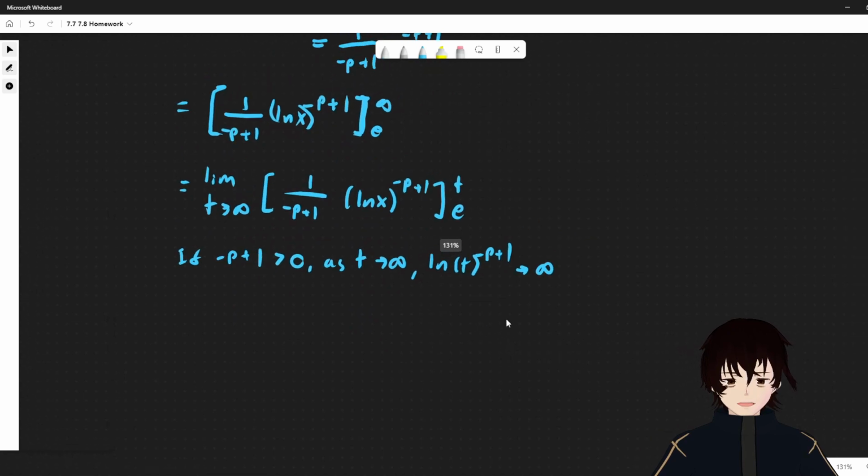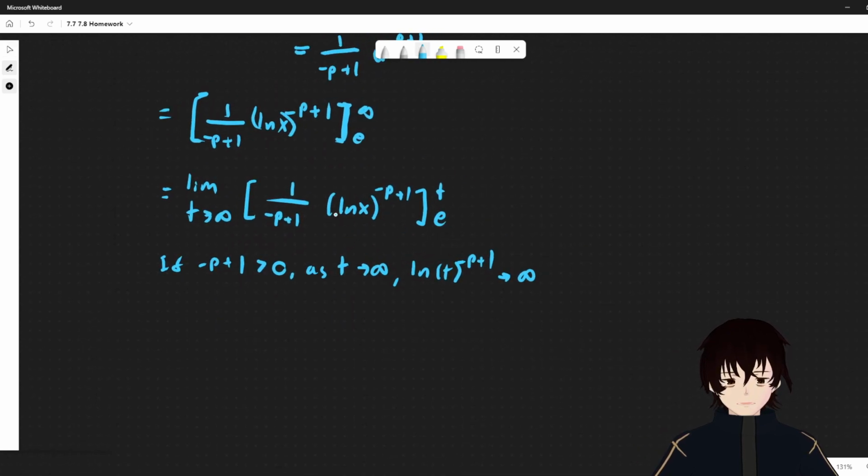If p is greater than 1, then as t approaches infinity, if negative p plus 1 is greater than 0, then yes, it approaches infinity. If negative p plus 1 is less than 0, as t approaches infinity, natural log t to the power of negative p plus 1.